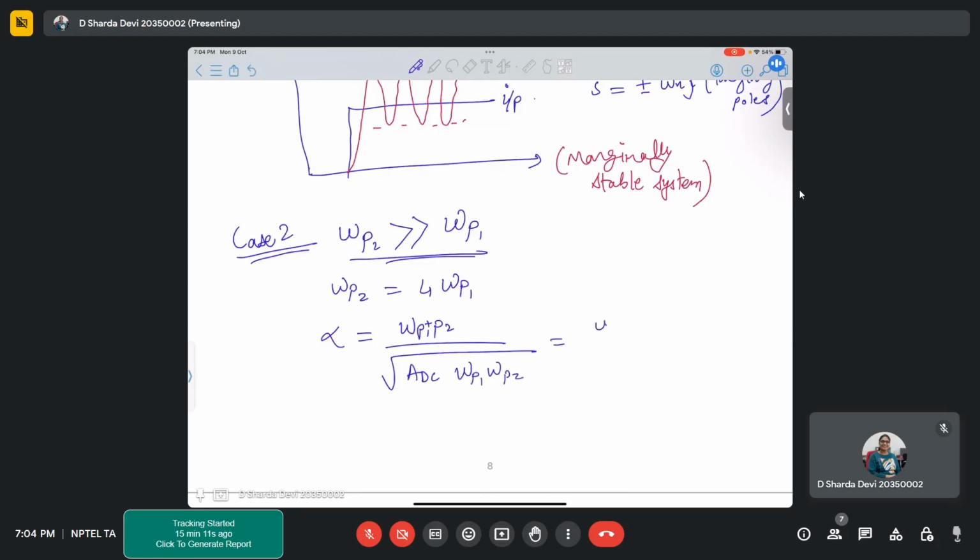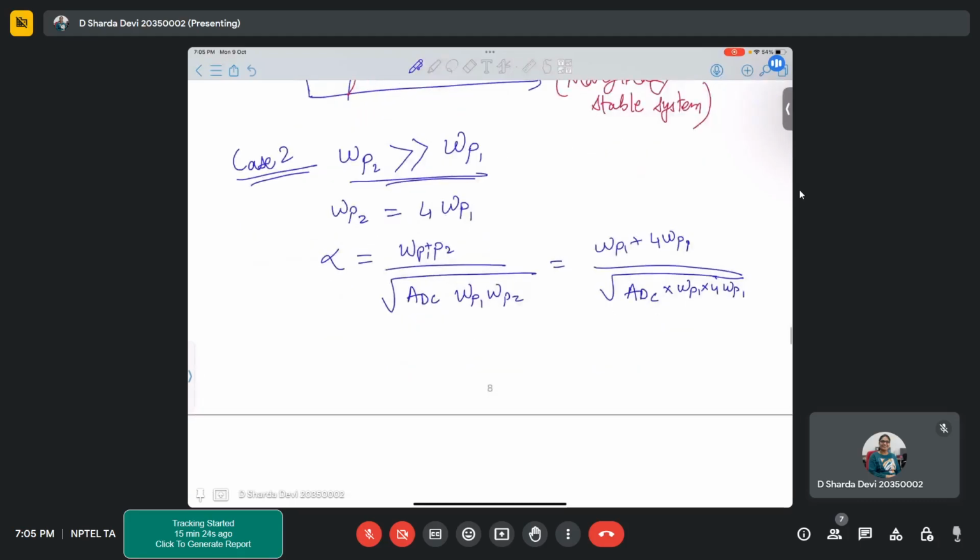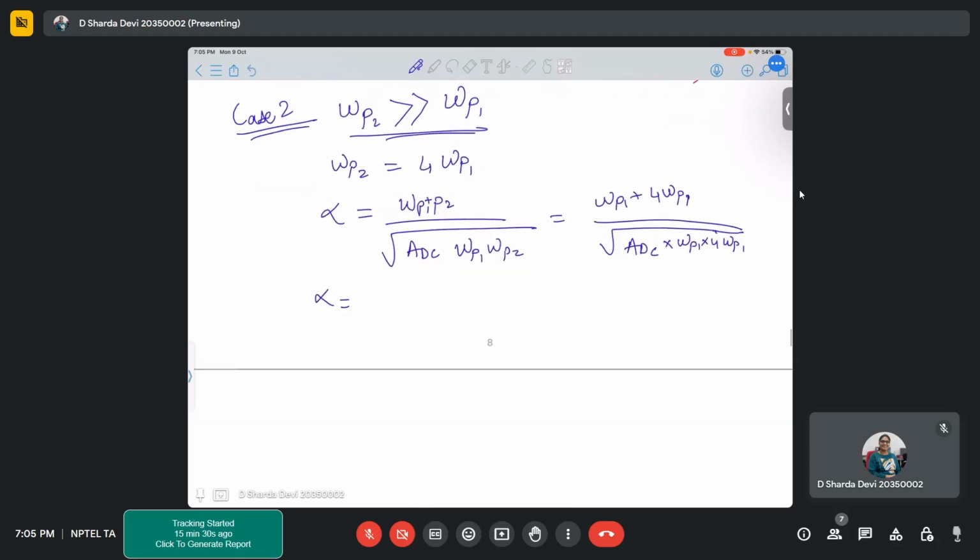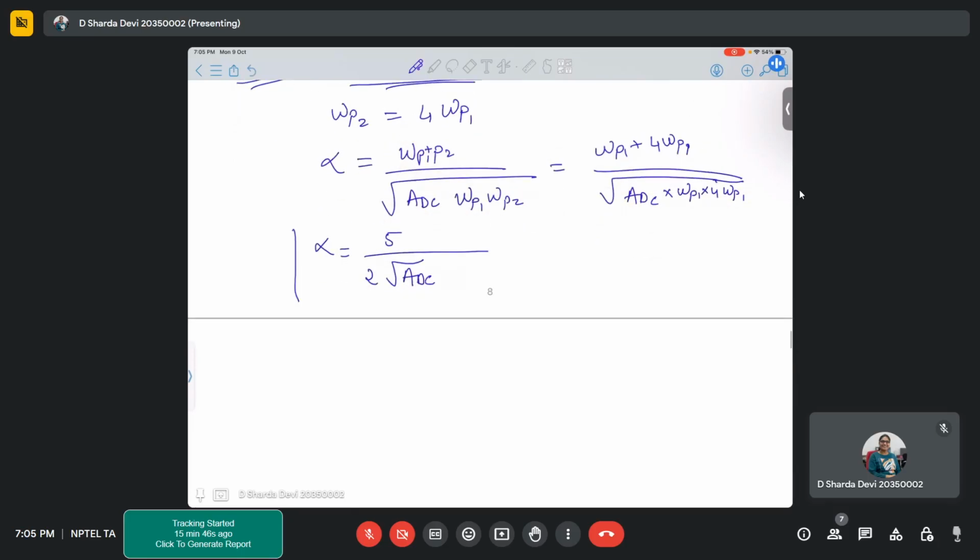So which will be omega p1 plus 4 omega p1 upon root under ADC into omega p1 into 4 omega p1, giving rise to 5 upon 2 root ADC. Correct? So this is the exact value that we are getting for alpha.